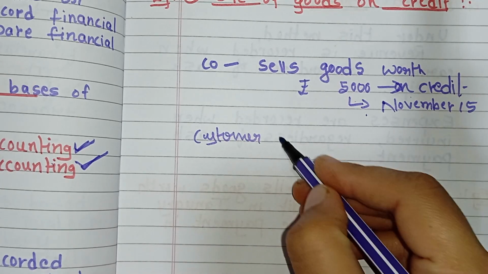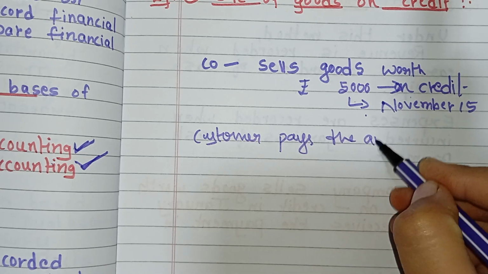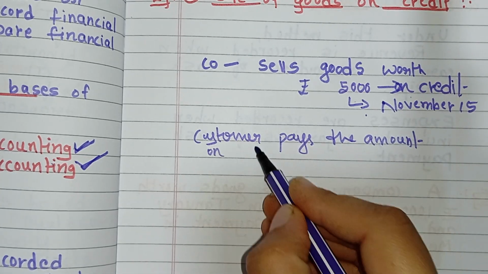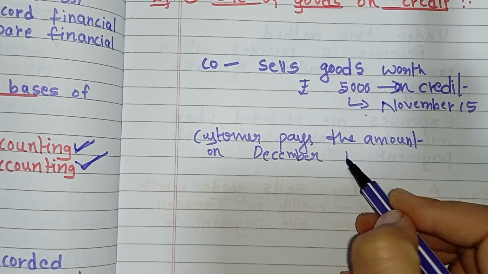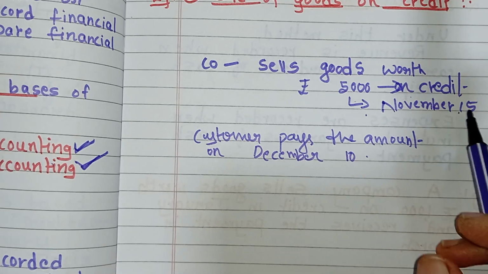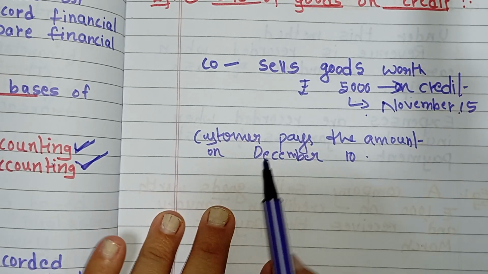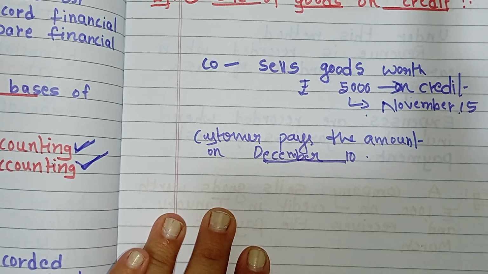See, on November 15, they sold the goods on credit and the customer pays the amount on December 10.